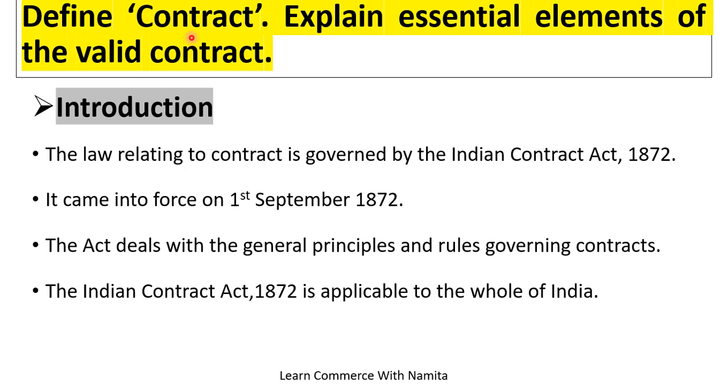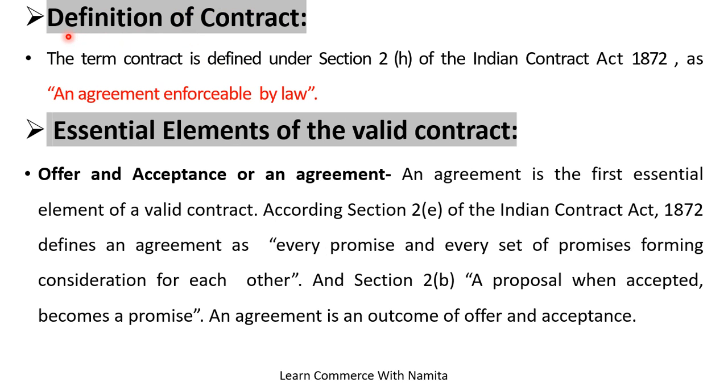Now what is asked? Define contract. So it is expected that you should write the definition of contract. The term contract is defined under Section 2(h) of the Indian Contract Act 1872 as an agreement enforceable by law. So what is the definition of contract and in which section is it defined?